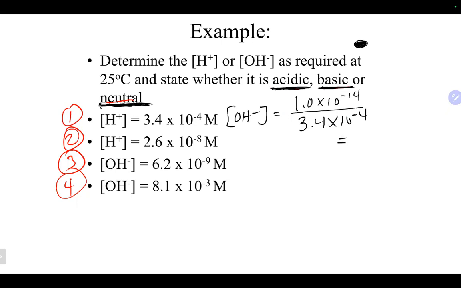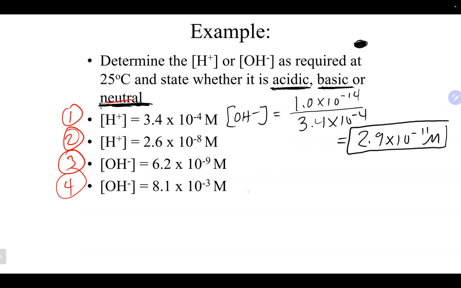Again, we want to make sure we use our exponent button. So that's 1 exponent negative 14 divided by 3.4 exponent negative 4. And that gets us a 2.9 times 10 to the minus 11. This is a concentration, so you do need a molarity there with it to match the molarity that was there originally. Any questions on that there?